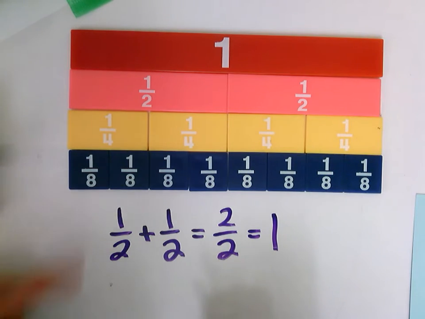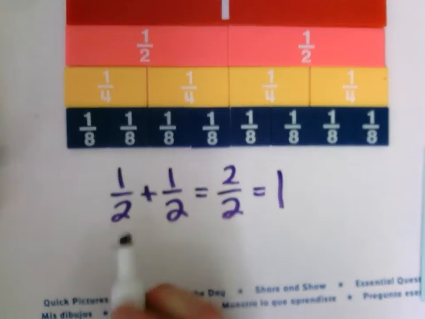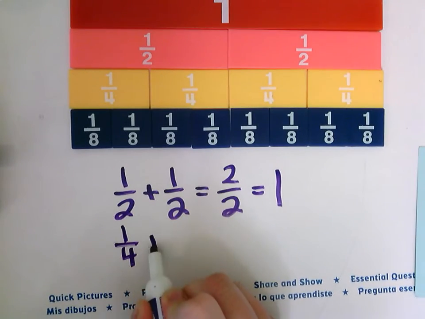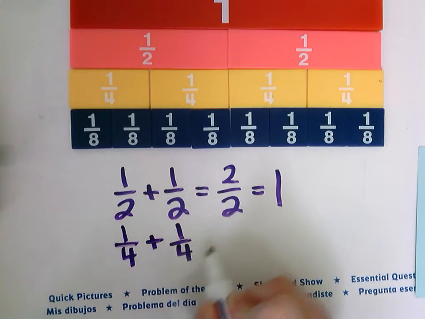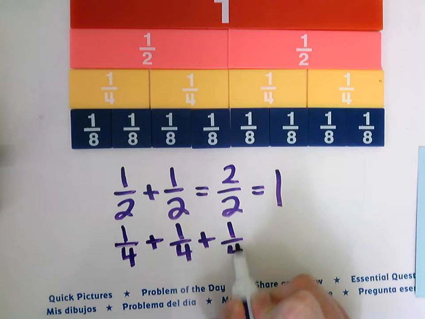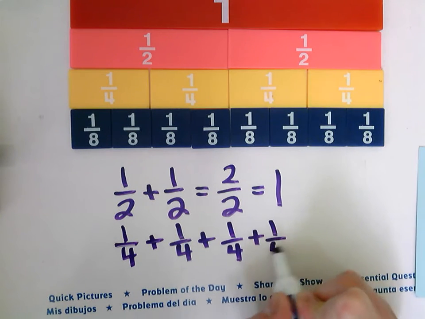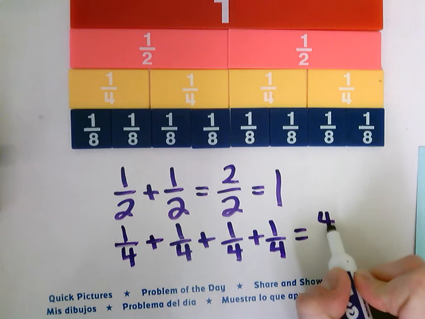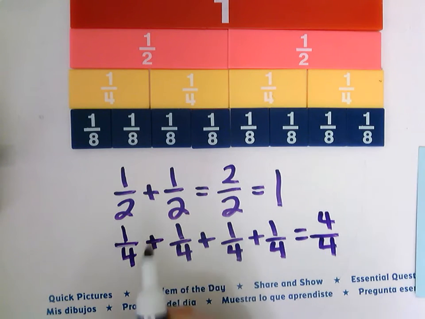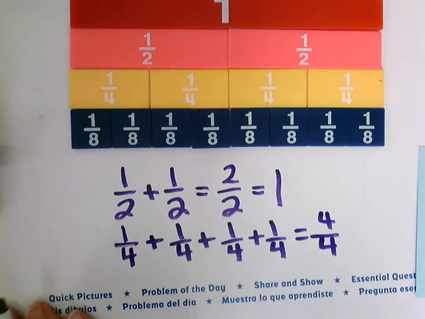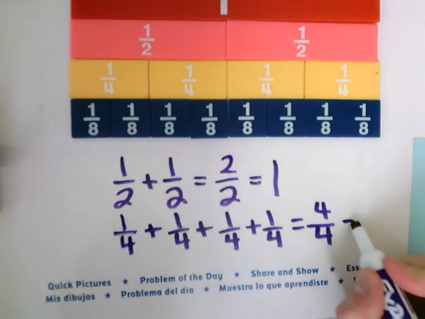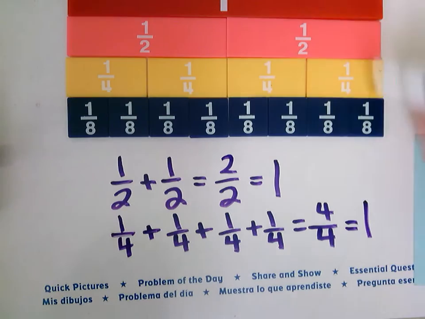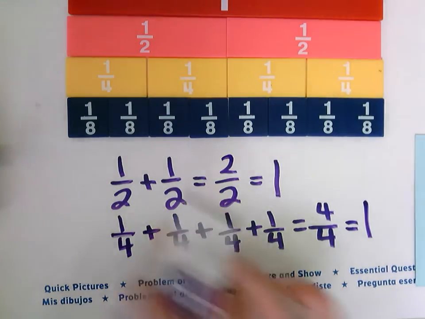Okay, same thing with our fourths. 1/4 plus 1/4 plus 1/4 plus 1/4 equals 4 fourths. Did you notice I'm only adding the numerator? There's still fourths, so the denominator is staying the same as I add. 4 fourths is the same as equal to 1 whole. Okay, same thing with our eighths.